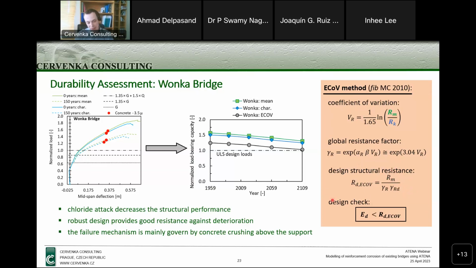So using this approach, you can end up with the design structure resistance, and then, as for any other method, we need to check if this resistance is higher than the load at the ultimate limit state.